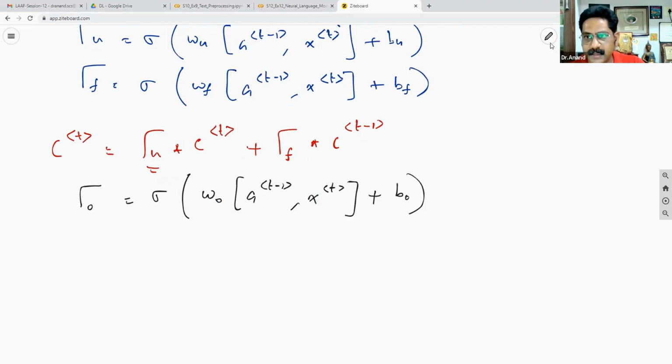Okay, update CT. That means your AT is also going to get updated with the output gate tau O, times.